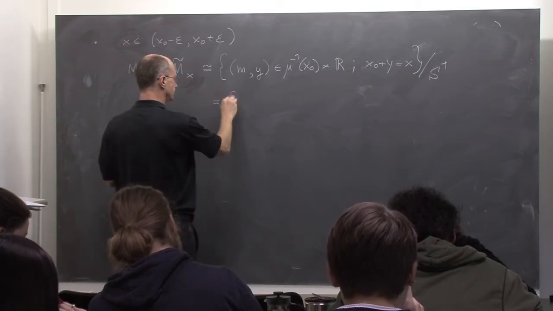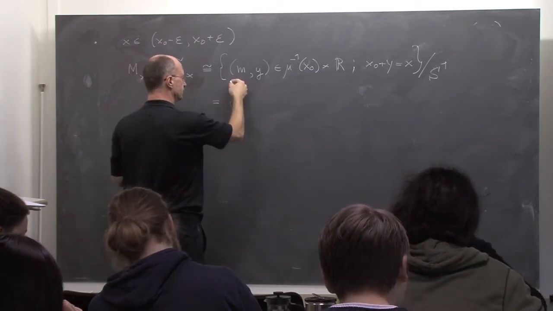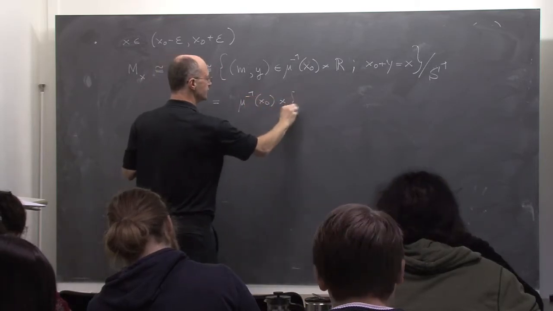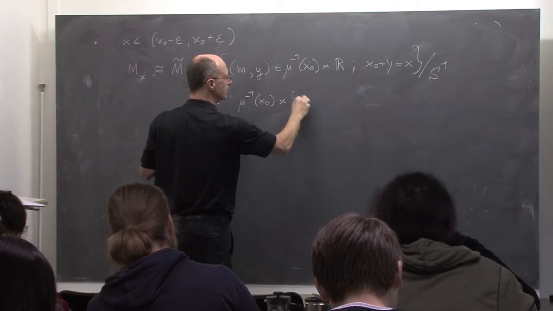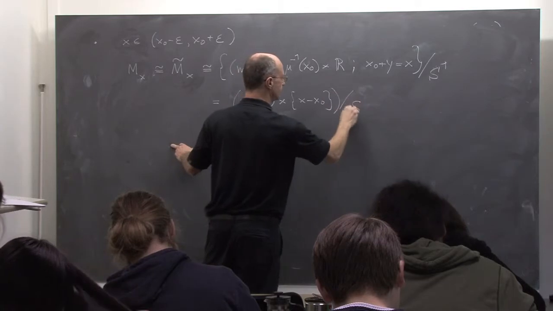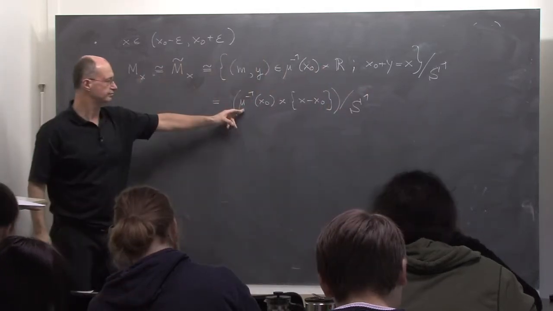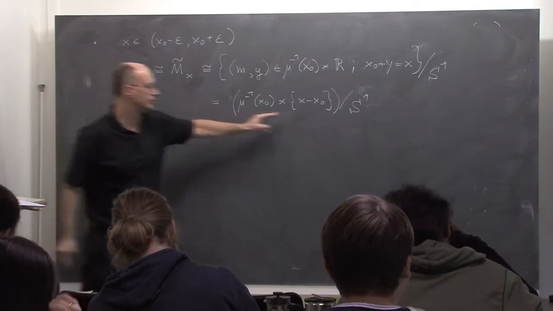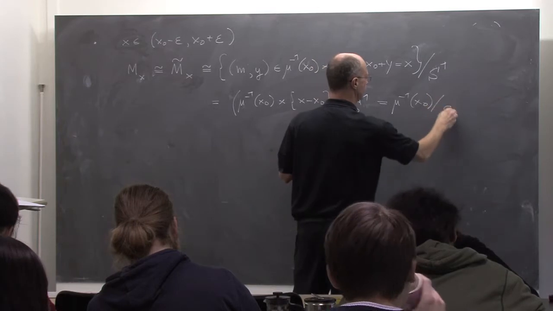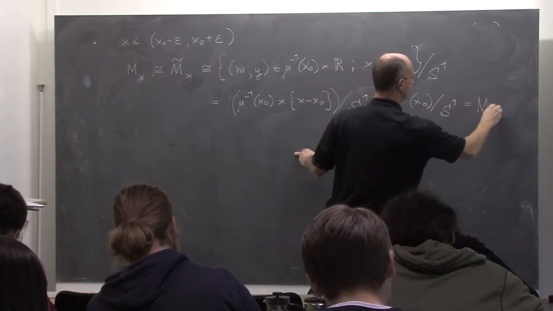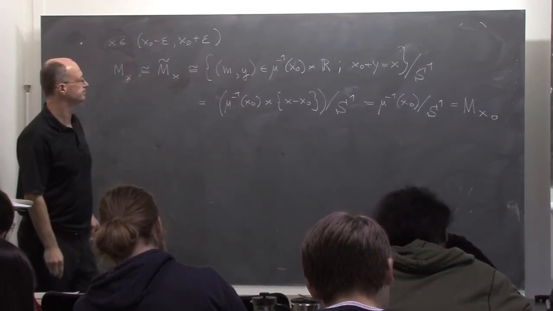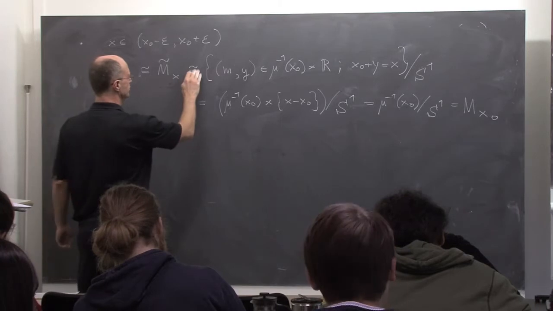So this means this is mu minus 1 of x0 times the point x minus x0. And this is divided by the S1 action. And of course, this is the same as mu minus 1 of x0 divided by the S1 action. And by definition, this is M_x0. So this is probably even equal.